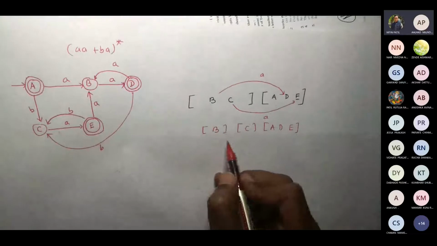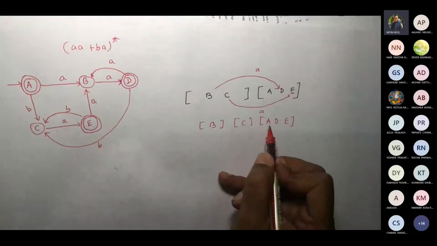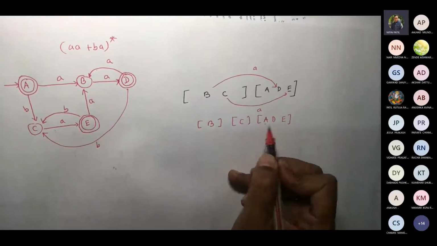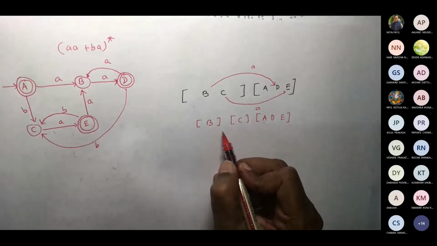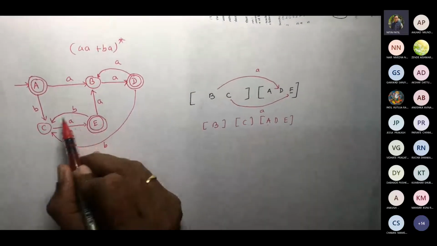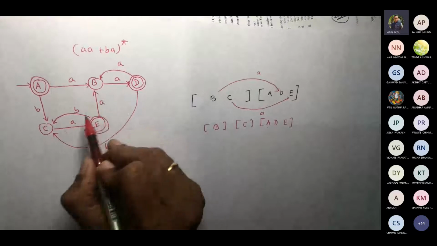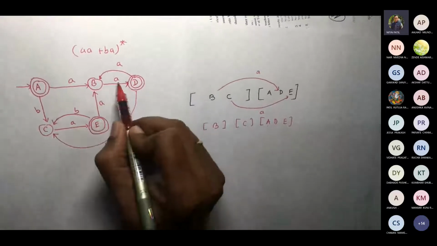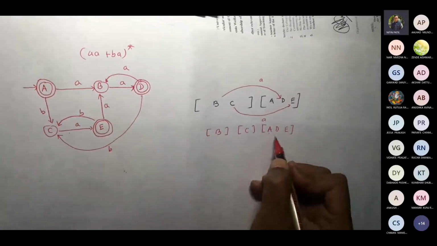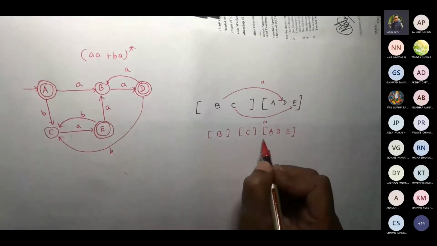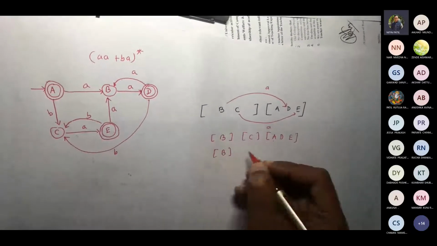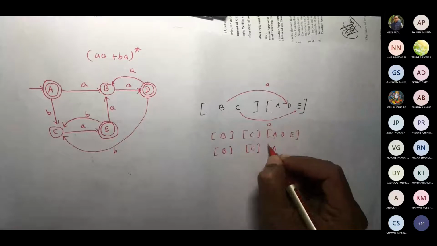If I give input B to each, they are going to C. All three are going to C, and all three are going to the same group. So there is no need to distribute them again, because they are going to the same group, the way we did earlier. So you will see that you have only this one.